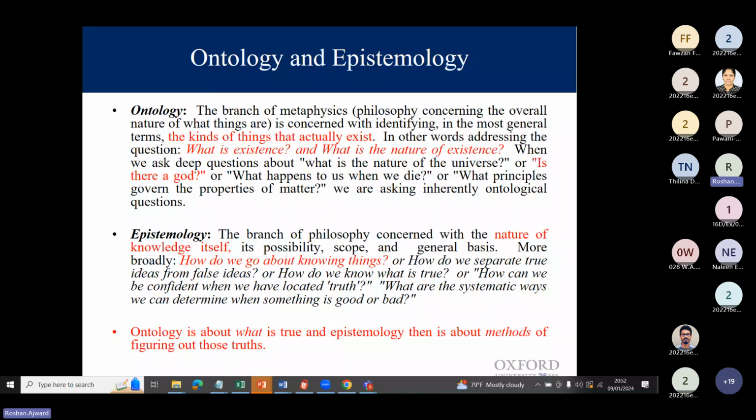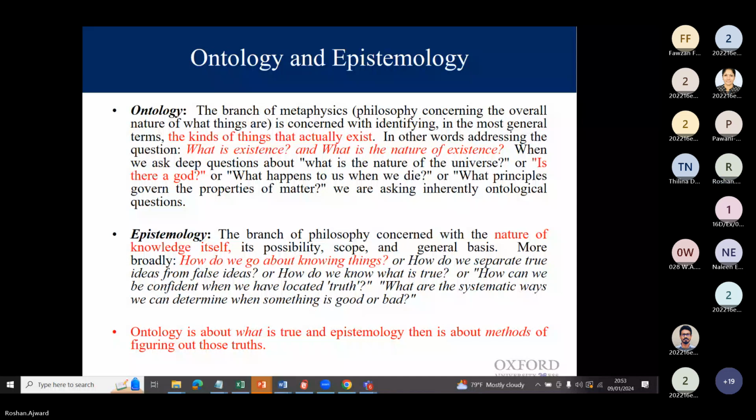For example, an ontological question might be, is there a God? Or, what happens to us when we die? So it's about existence. Ontology means something to do with existence.